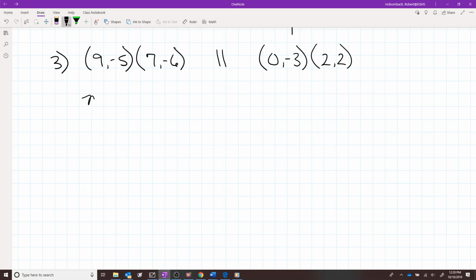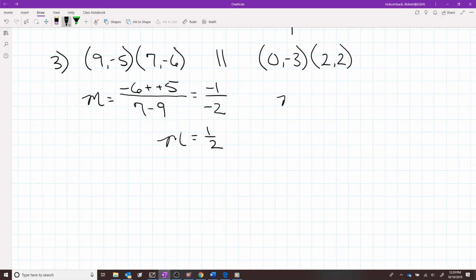So your slope on the left will be equal to negative 6 minus negative 5 over 7 minus 9. If you keep change, negative 6 plus 5 is negative 1. 7 minus 9 is negative 2. The slope of the line on the left is 1/2.